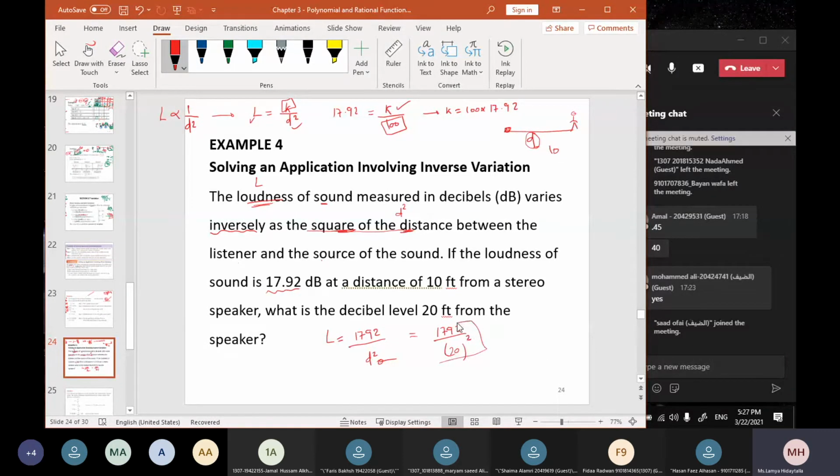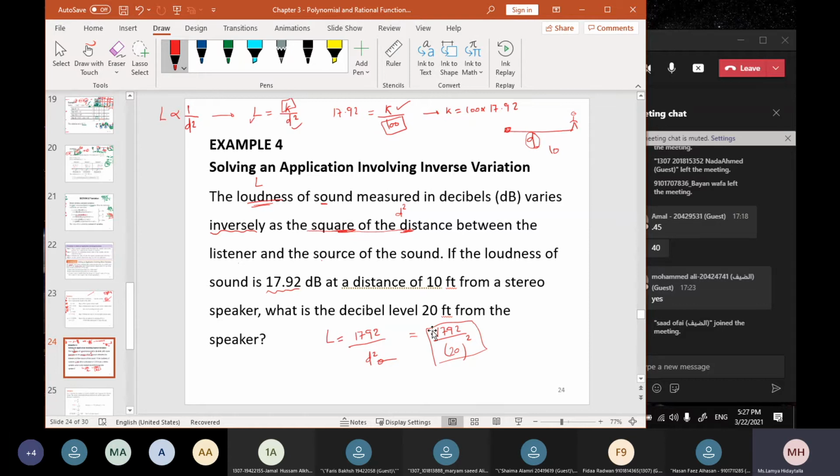And then you calculate. What do you think? Is it going to be higher or smaller than 4010? It was said to be inversely proportional. Inversely proportional means that when the distance increases, the loudness should decrease. So I expect a million percent that the loudness is going to be smaller than this amount here.